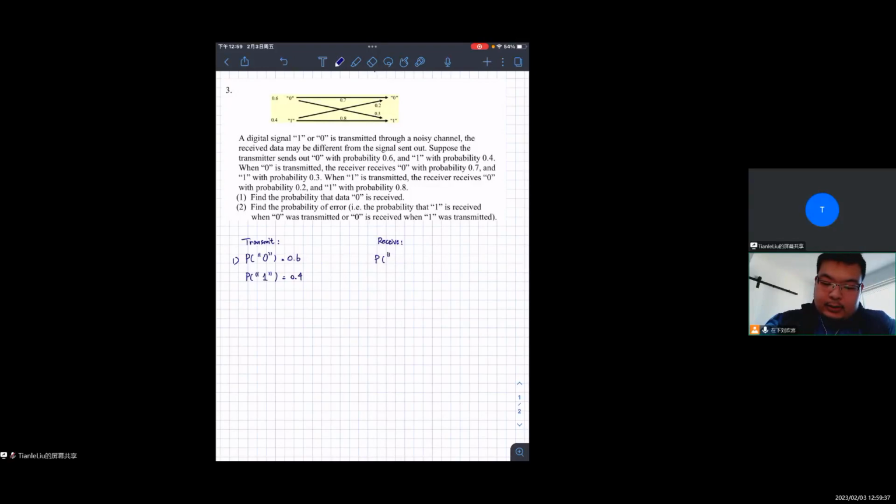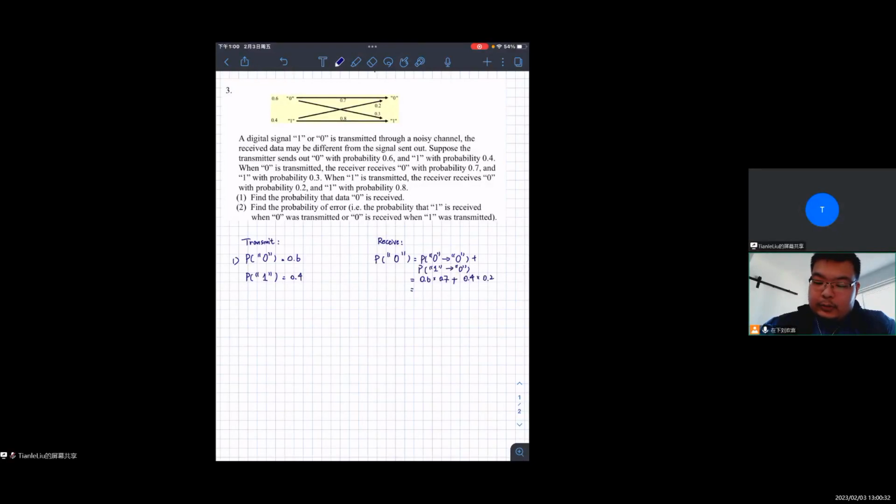So for the receive 0, we should have transmit 0 to 0 plus transmit 1 to 0, which is the probability of transmit message 0 multiplied by the correct transmit, plus the probability of message 1 multiplied by the wrong transmit probability.